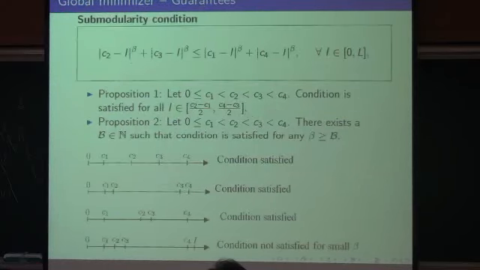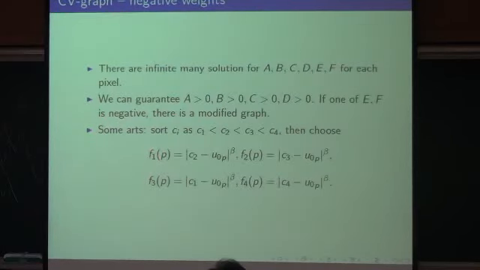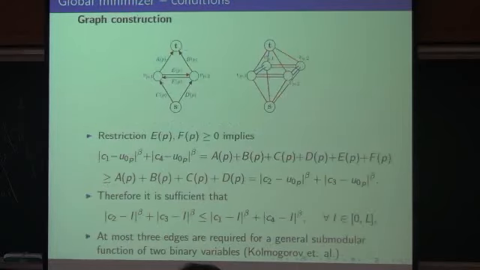Also if one of them is negative, then we have another way to solve it, because in a graph, if the capacity is negative, in fact a negative graph still makes sense, but not for general graphs. So there is one way to modify that.